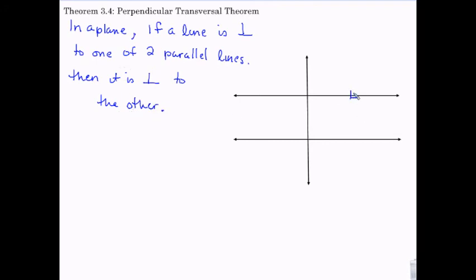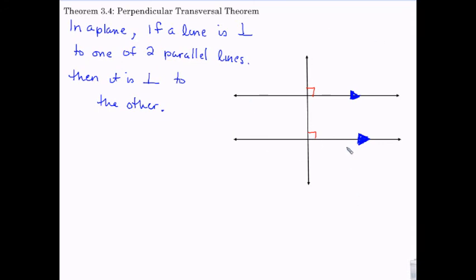Right? So if we come in here and we have two parallel lines, here and here, those are triangles. I know they don't look like it. And this line is perpendicular. This line is also perpendicular. What are all of these angles? All of them are 90.